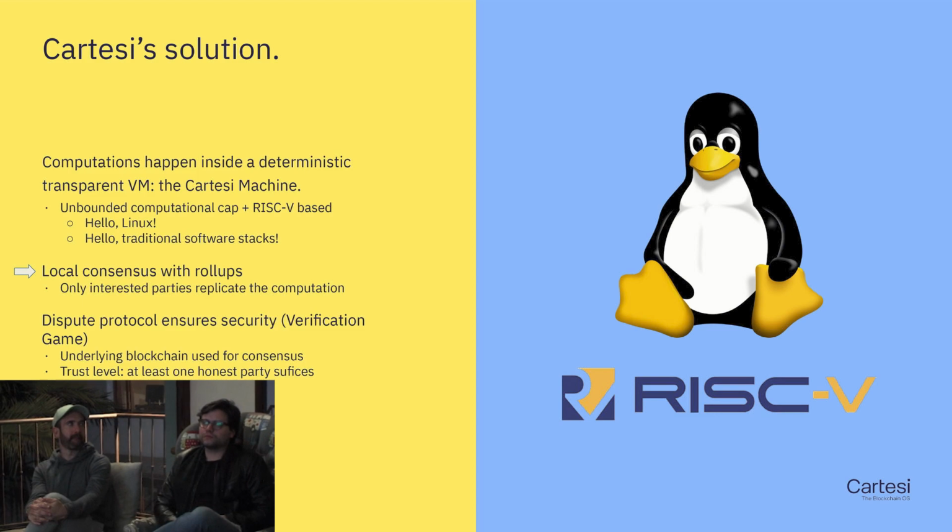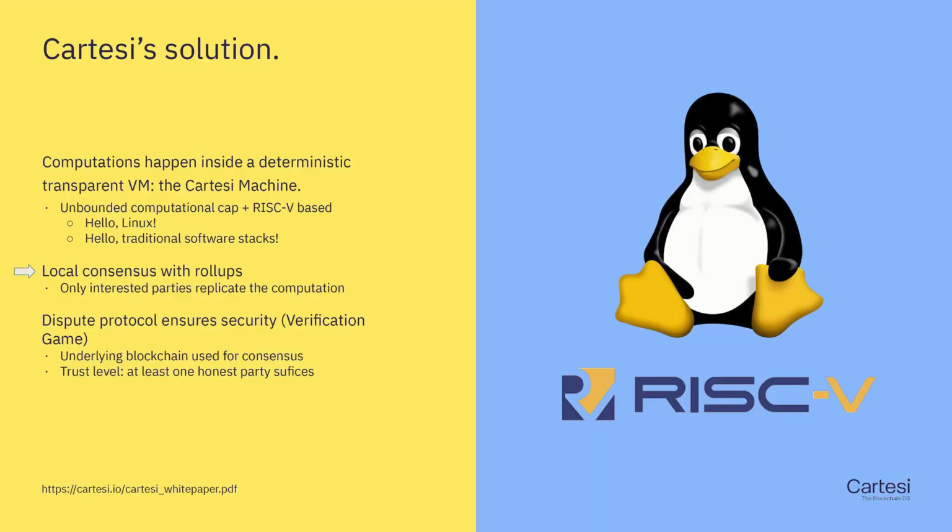The third part of this, which is really interesting in our solution, is we have this verification game protocol we use, which ensures the security. So if you guys remember, I just said that when you have Ethereum, it's so safe because in order to control the majority, you have to tamper with thousands of nodes.